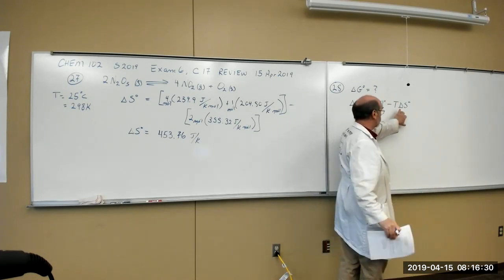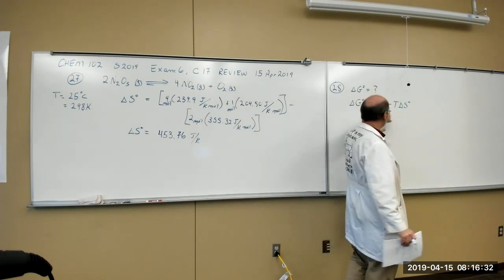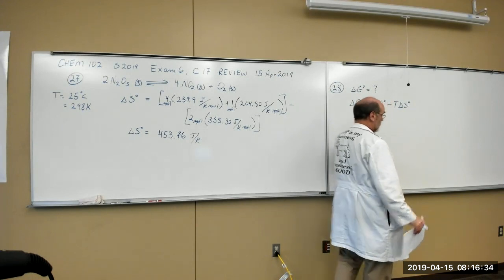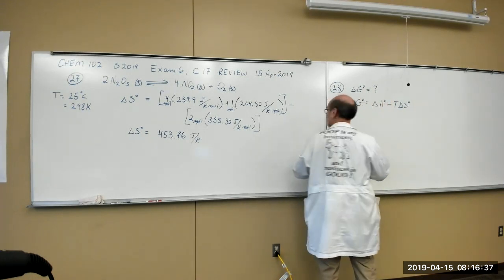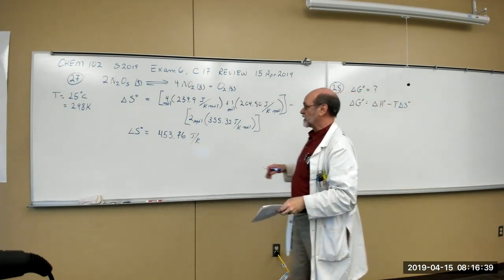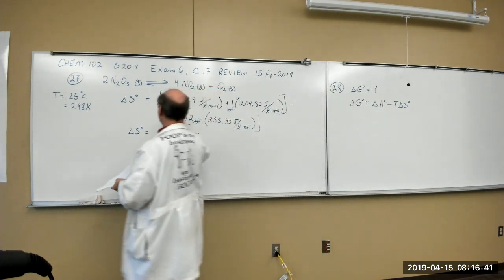Okay, so we got that one, and we got the temperature. So now what we have to do is find out what the enthalpy is for that reaction. And we use a similar calculation.